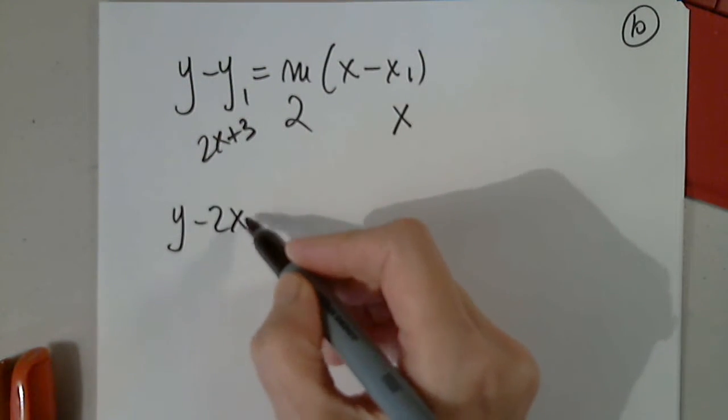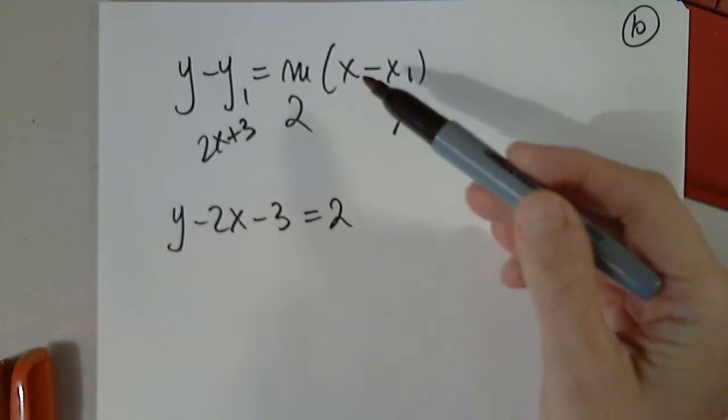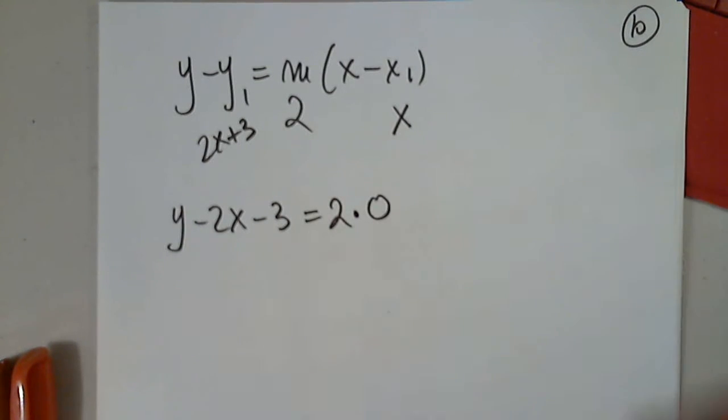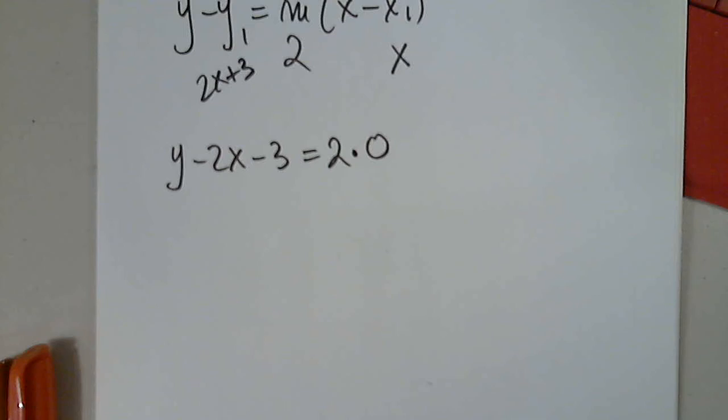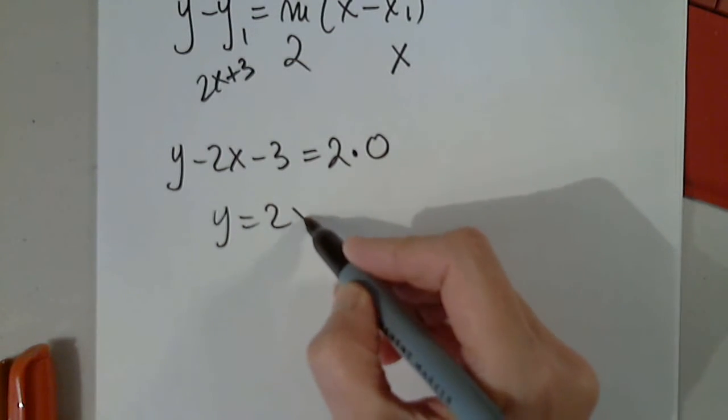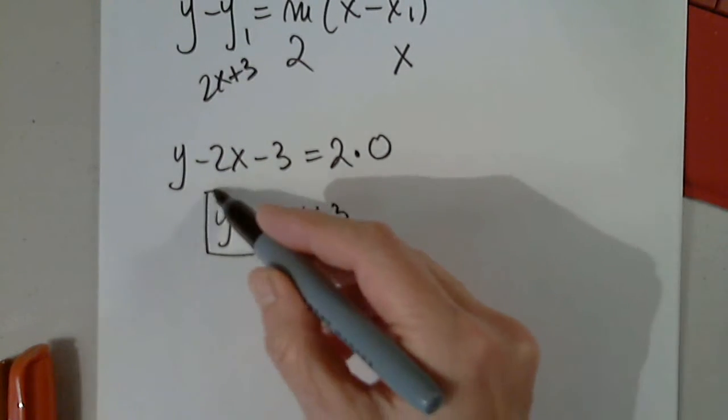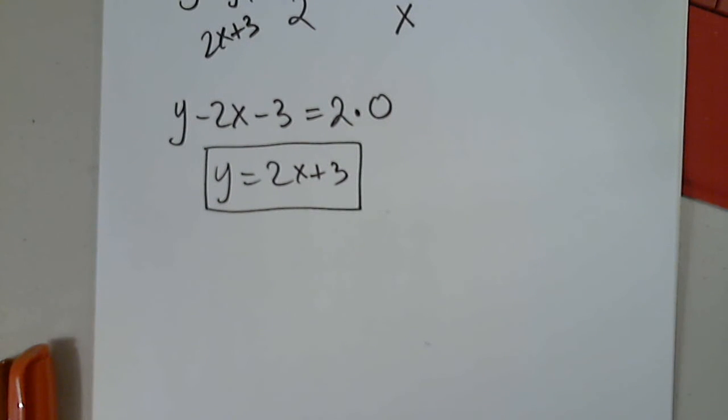So y minus 2x minus 3 equals 2, but x minus x is 0. So then y equals 2x plus 3. Very good pick. Any questions, anyone?